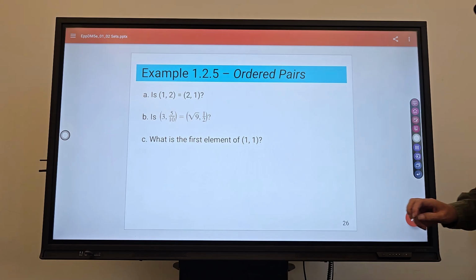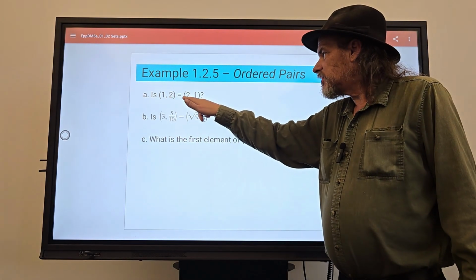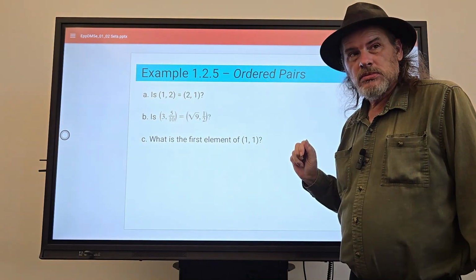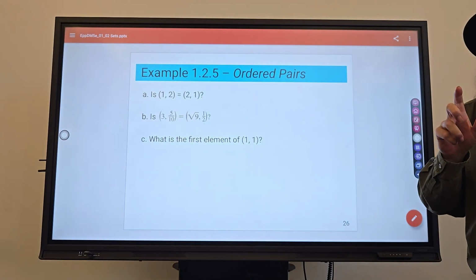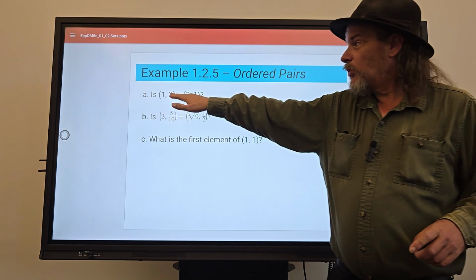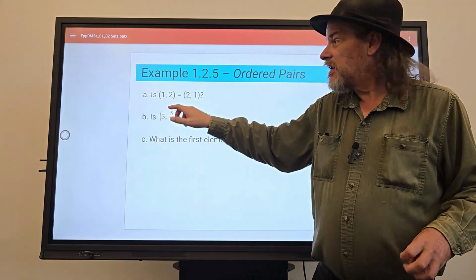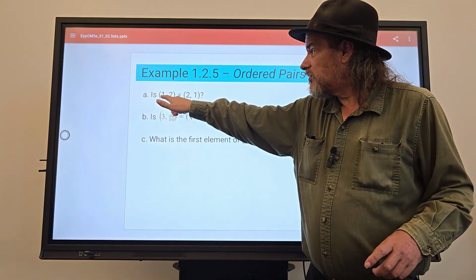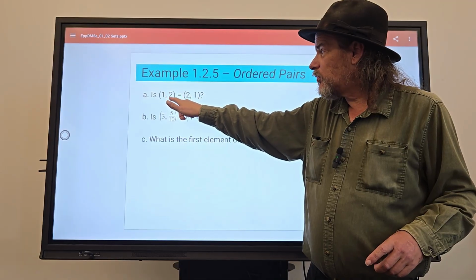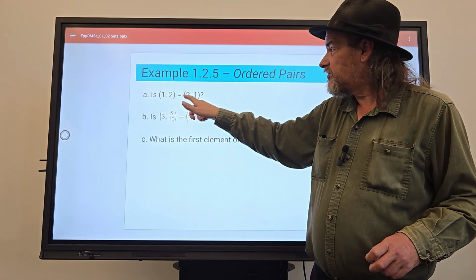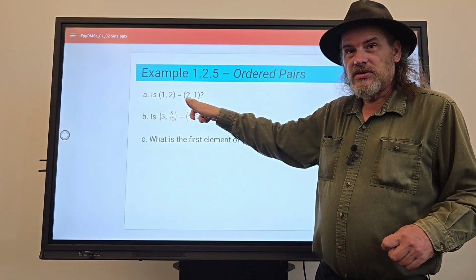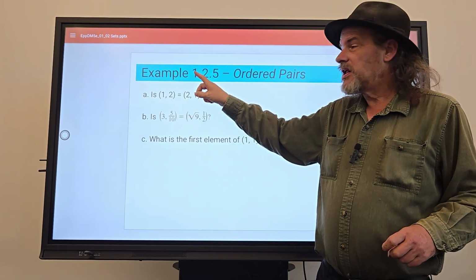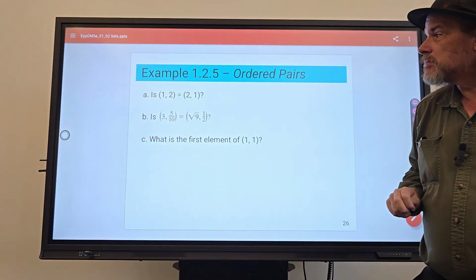So is (1, 2) equal to (2, 1)? No, it's ordered. Now this is more like an array. An array with element 0 being 1 and element 1 being 2 is going to be different from the array with element 0 being 2 and element 1 being 1.